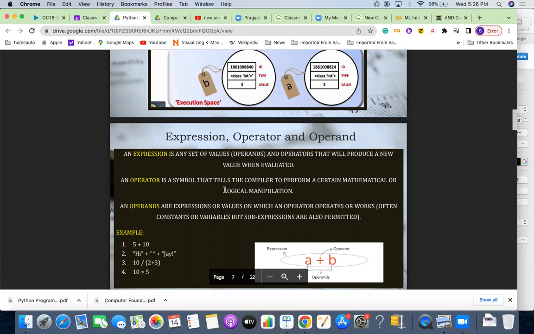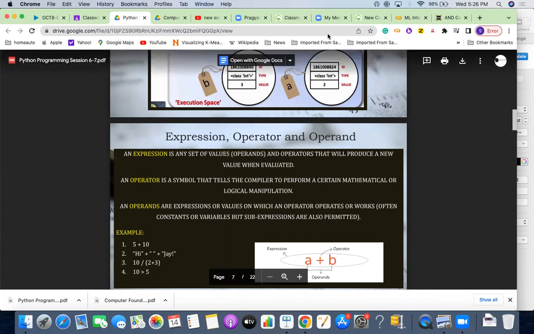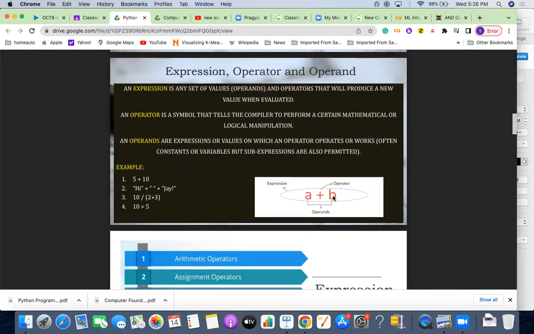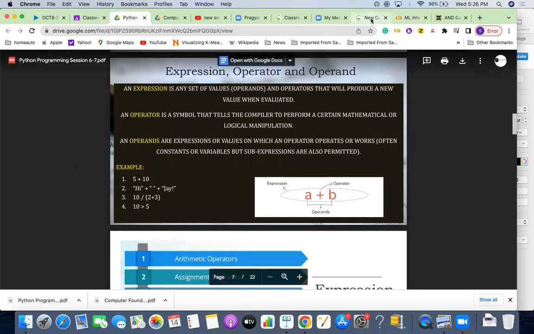Now what we will be learning is what is meant by expression, what is meant by operator, and what is meant by operand. If you see here, a plus b, the whole thing is called an expression.